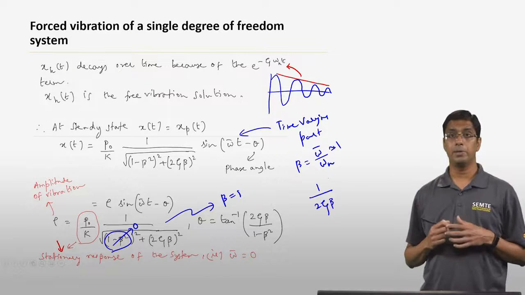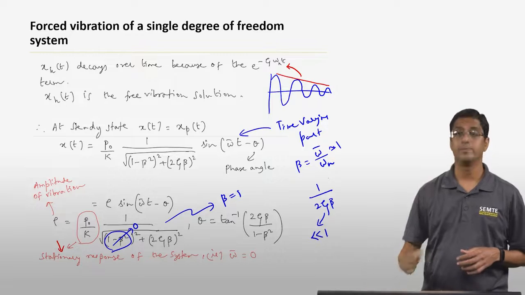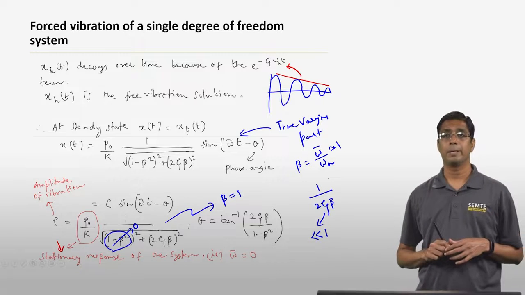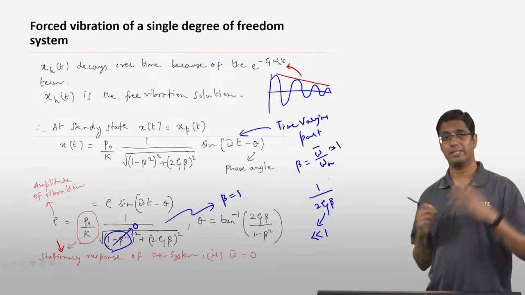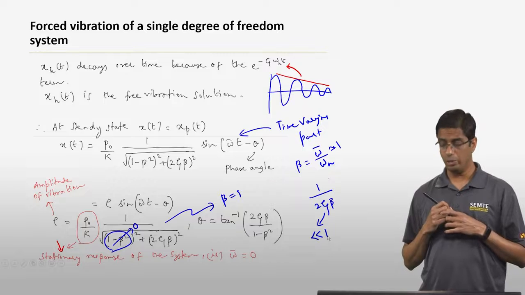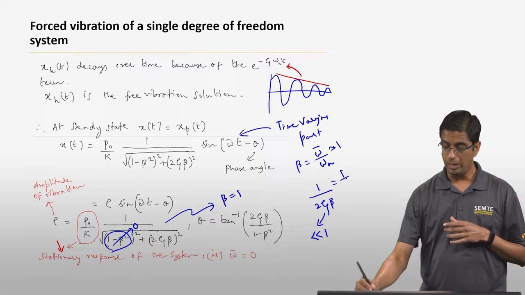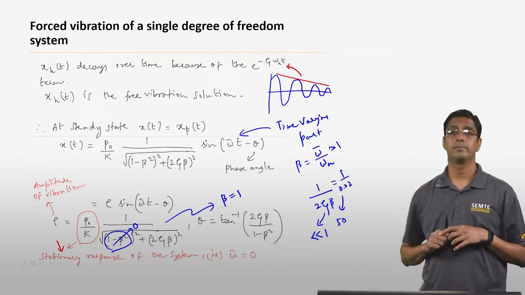Now I told you that zeta is usually very much less than 1. Say zeta is 0.01 for example. Beta is 1. So this whole term is going to be nothing but 1 by 0.02, which is 50.